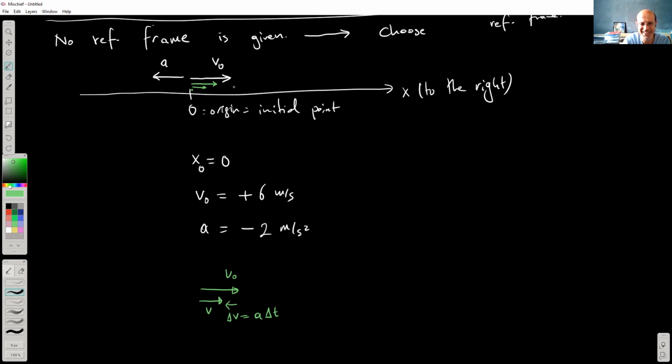All right. So in any case, the initial velocity is towards left. Sorry, let's just draw this again. The initial velocity is towards the left, so the initial velocity is -6 meters per second, but the acceleration is towards right.